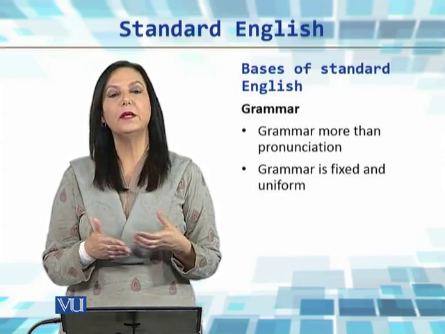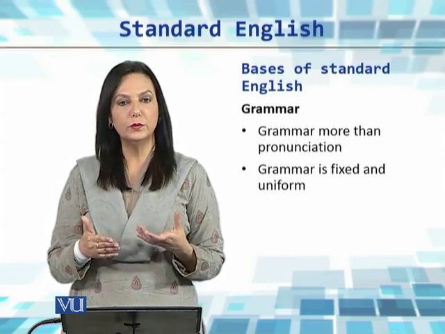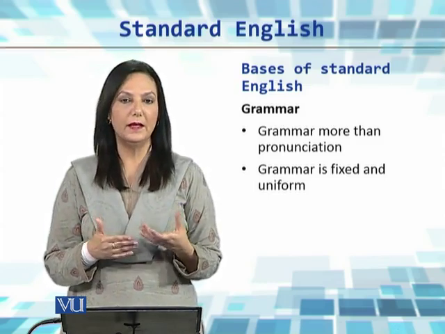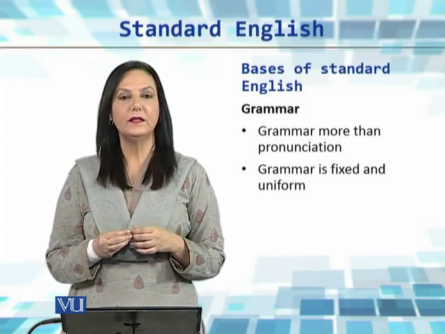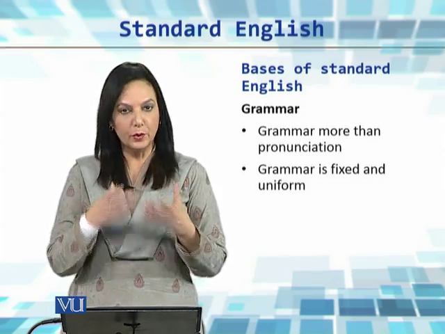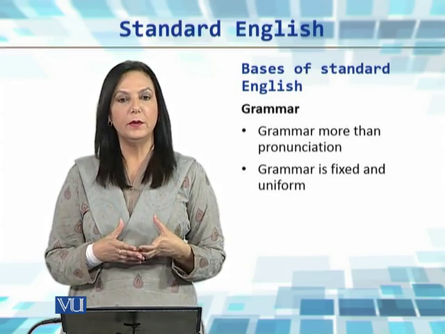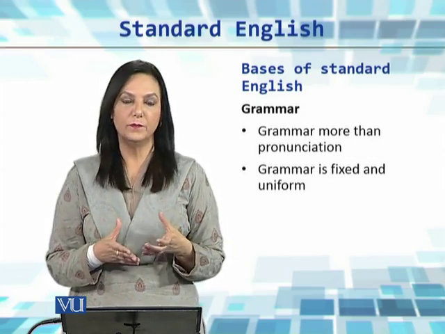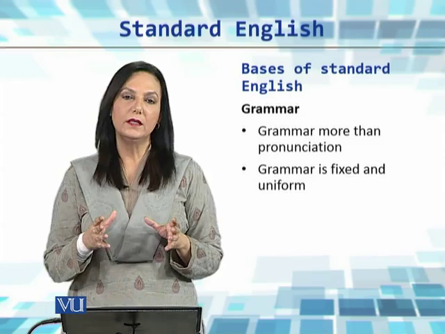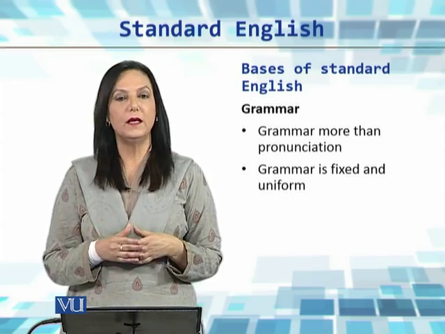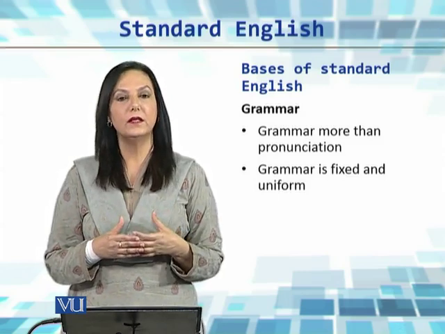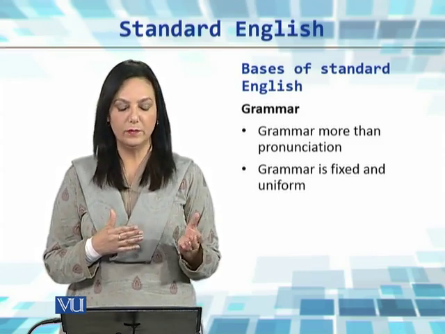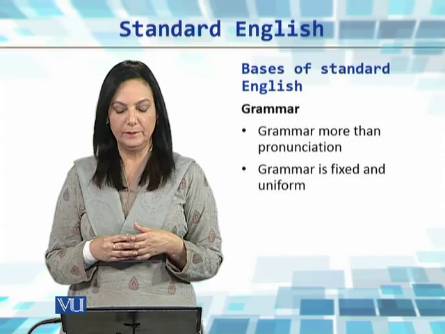So when people want to learn a new rule or want some help in using a certain rule, they can approach a grammar book, which of course is uniform. In this way, grammar is fixed and uniform, whereas pronunciation, because it is extremely individual, can vary from individual to individual and from variety to variety.